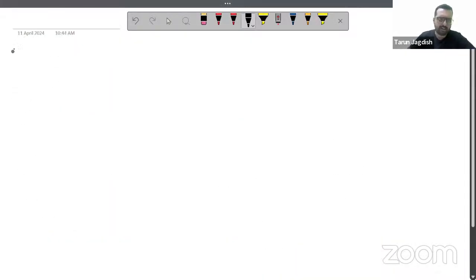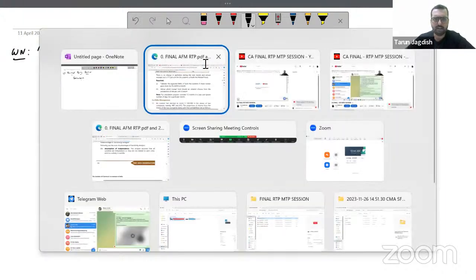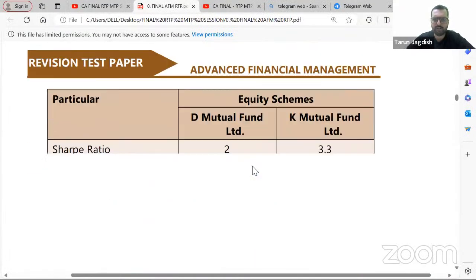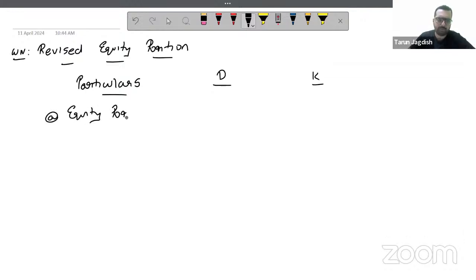5%. So I'll write down the next working note, revised equity quotient. There I will write down particulars, mutual fund D and mutual fund K. First I will write down the equity portion.